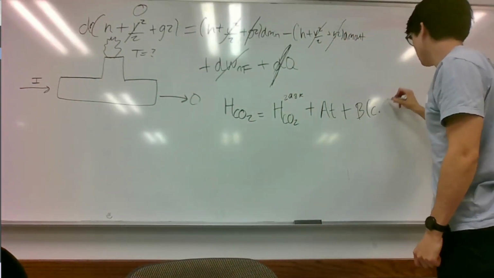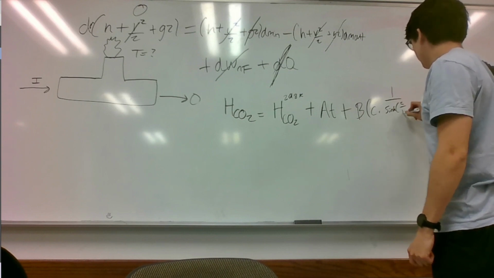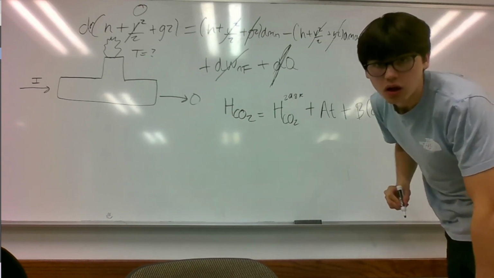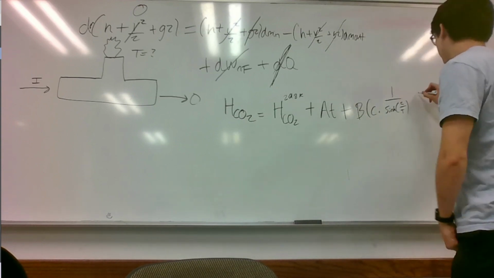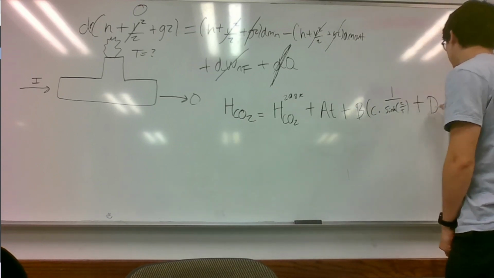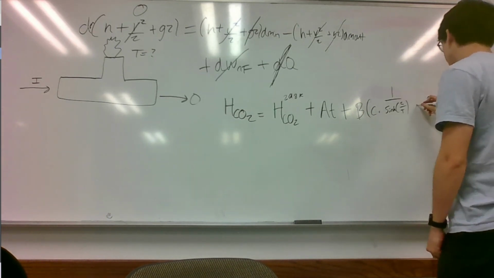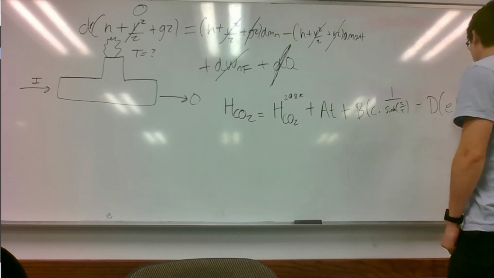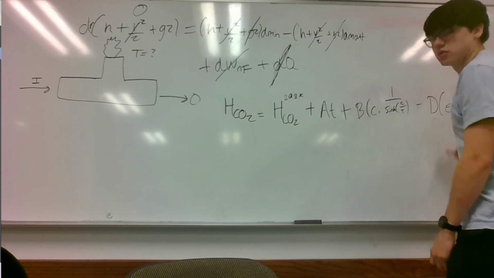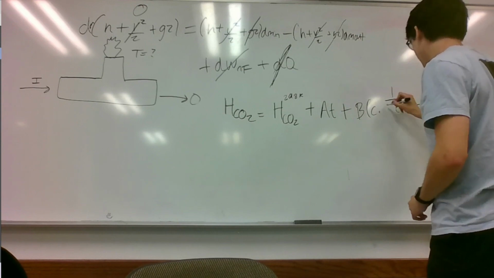C times 1 over sinh of C over T, to the power, oh no, plus D times, or no, minus D times E, 1 over, no, E times, this is not sinh, this is tangent, 1 over tan.